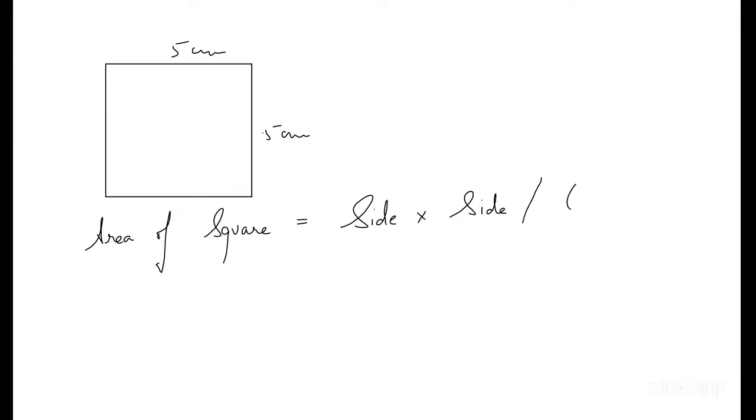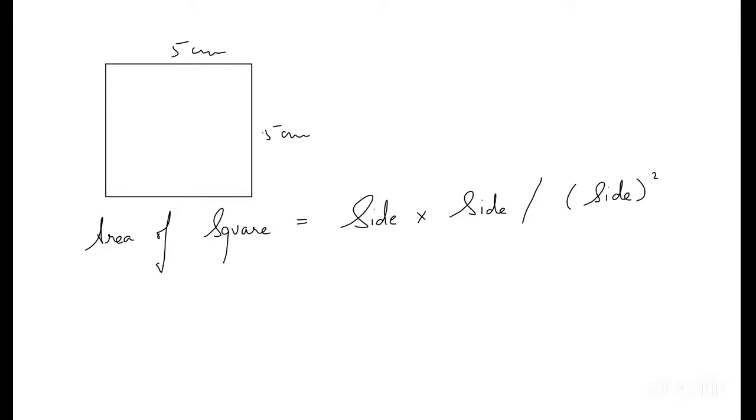So the area of a square will be side into side. For a square it can also be length into breadth.